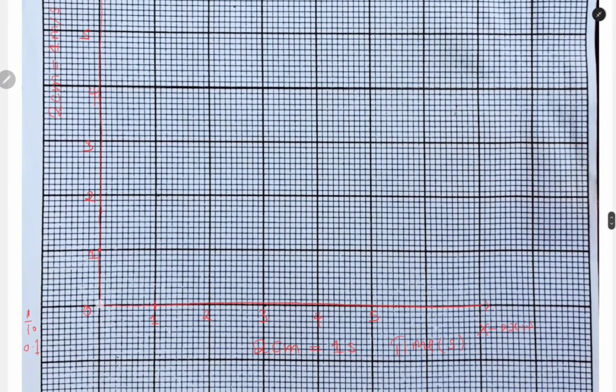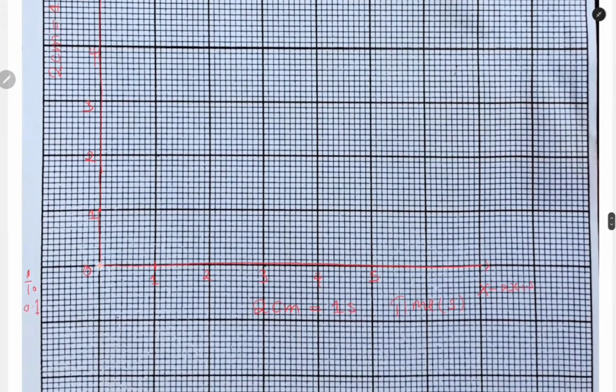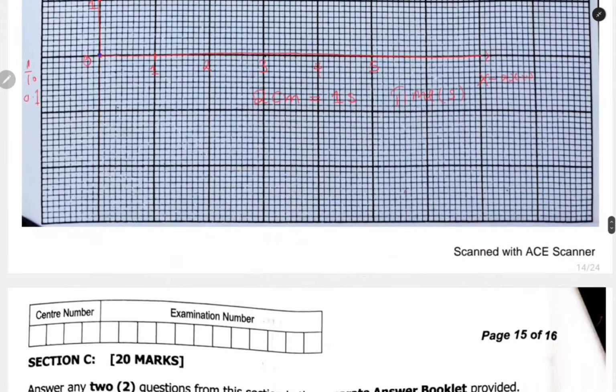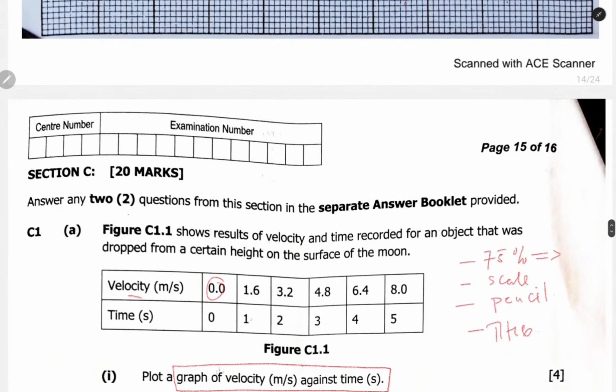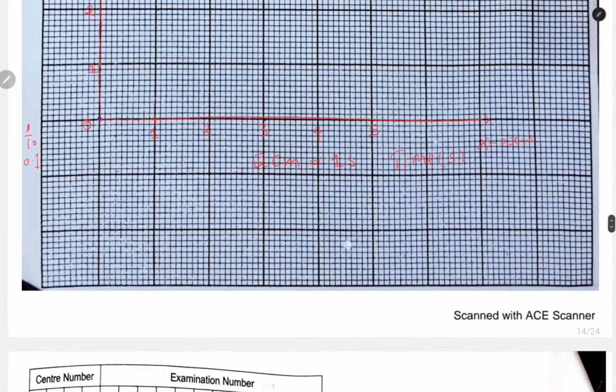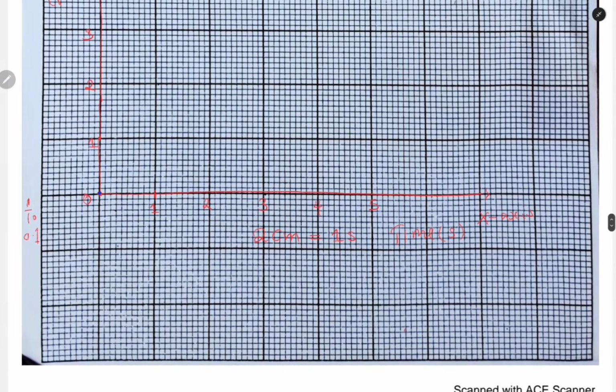So the first point we said is 0,0, so it is right here. Then of course, maybe let me try to change the color. Let me put blue. So the first one is 0,0. Then the second point is on the x-axis 1, then y is 1.6. So I'm going to stand at 1 and follow it up until I reach 1.6.